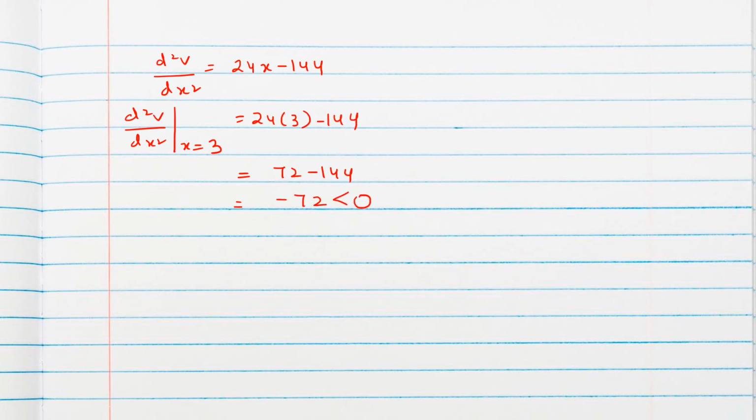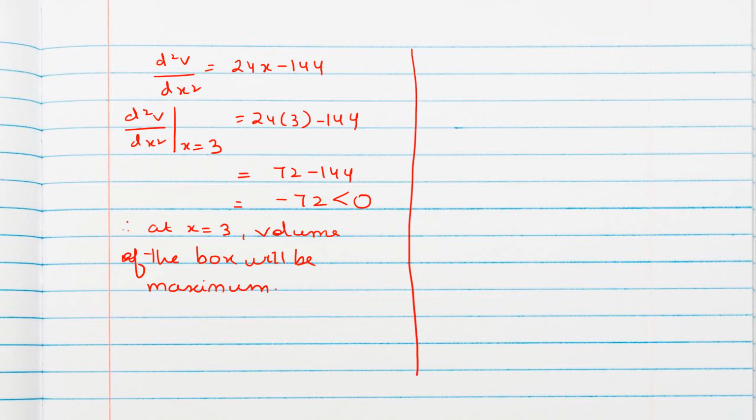That means the double order derivative is negative. Therefore, at x equal to 3, the volume of the box will be maximum. Okay, so we got that volume will be maximum at x equal to 3. So this is our answer.